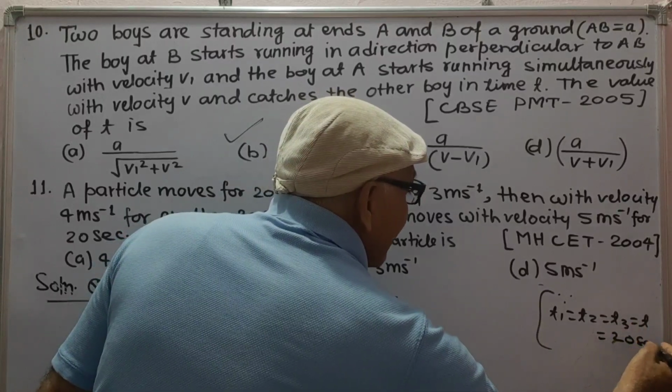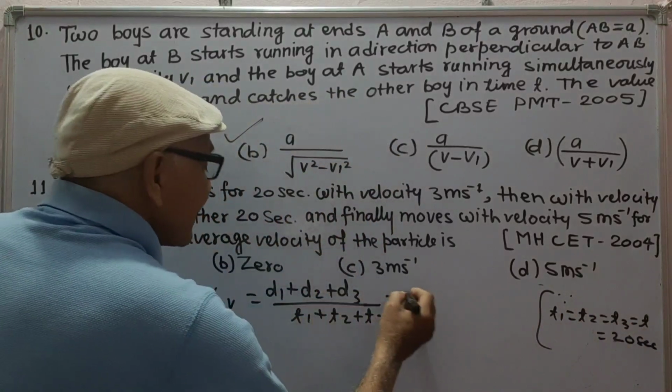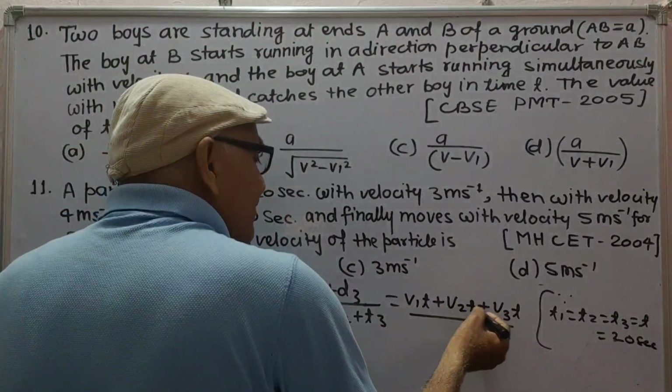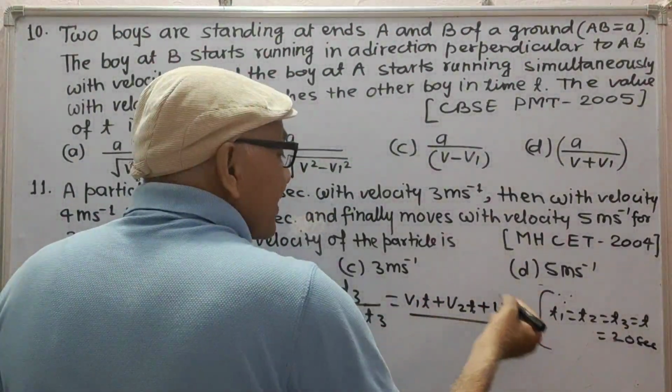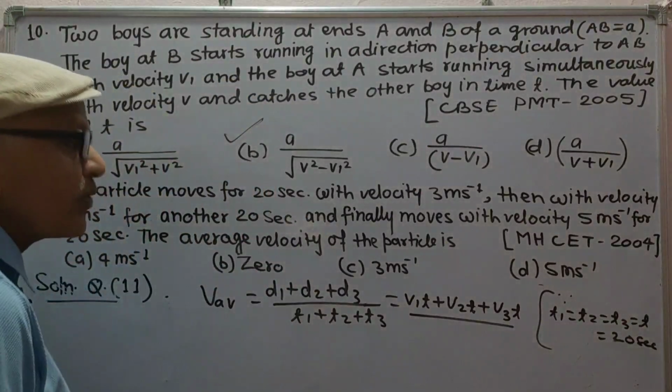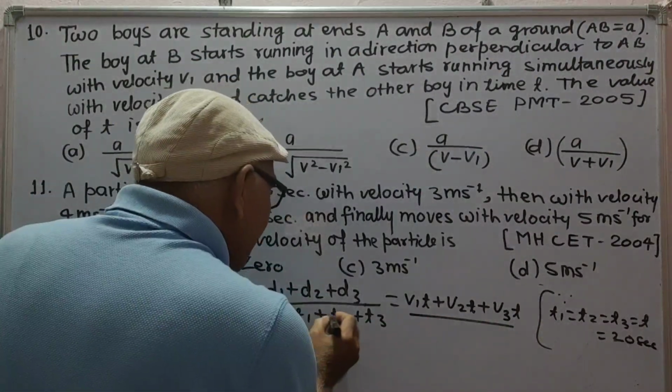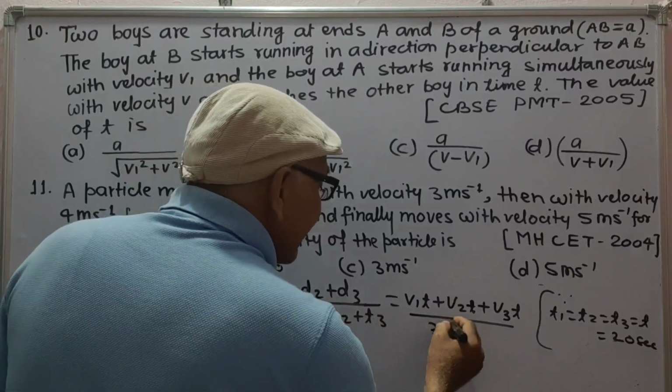So, this can be written as V1 into T1 plus V2 into T2 plus V3 into T3, because T1 is equal to T2 is equal to T3 is equal to T.